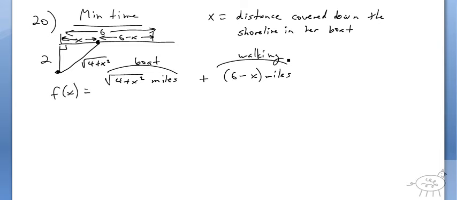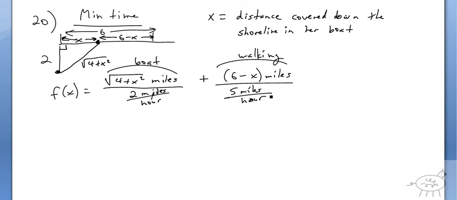It tells you she can row 2 miles an hour. So this is miles, and if we divide this by miles per hour, so 2 miles per hour, and this is divided by walking, which is 5 miles per hour.